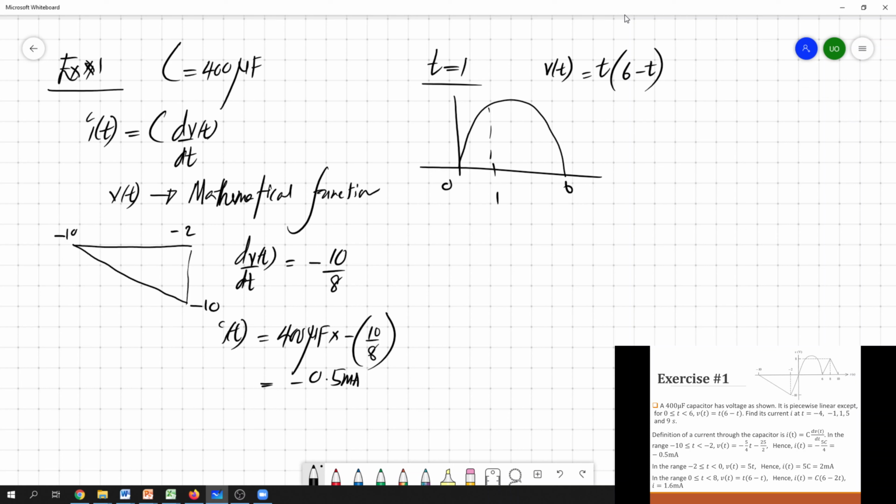So you need to evaluate the derivative at t equals 1, at this point. Again, if you know this function Vt, you can simply evaluate the derivative function. So it is 6 minus 2t.